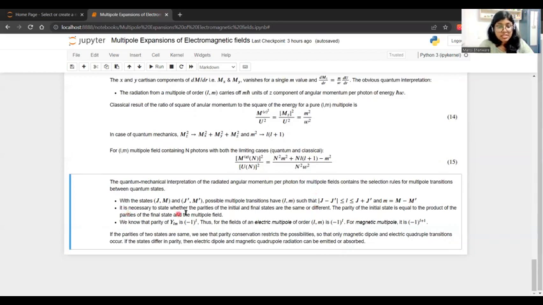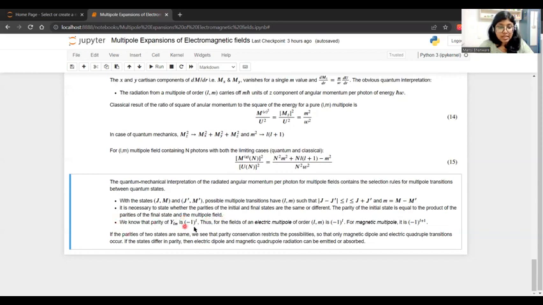Now it is also necessary to state whether the parities of the initial and the final states are the same or different. The parity of the initial state is equal to the product of the parities of the final state and the multipole field.